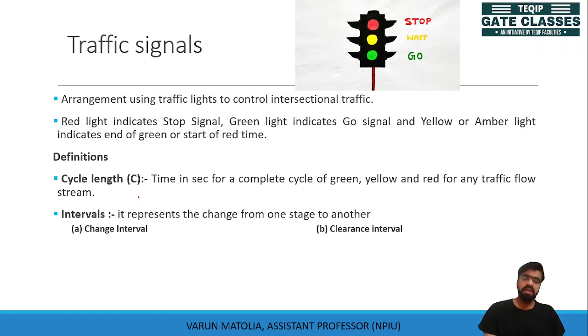Like in rotaries, we do not give any right to the driver, we just provide channelizing so that the driver can move in the way we provide the design. But here the driver will have to actively participate in this regulation.